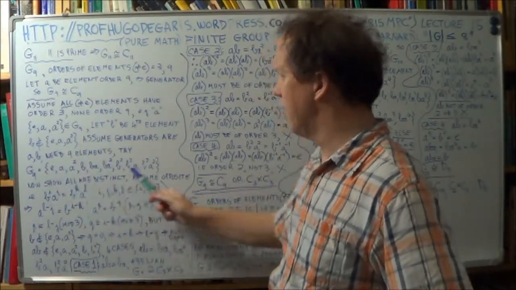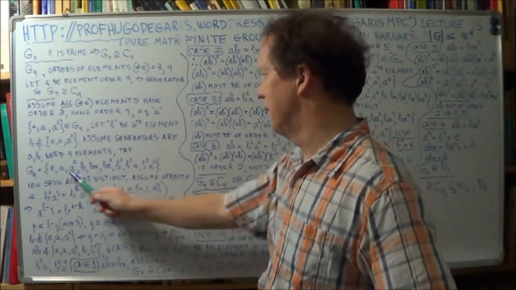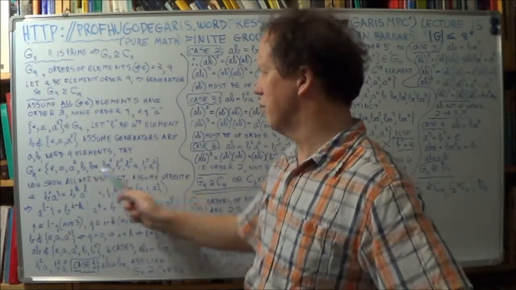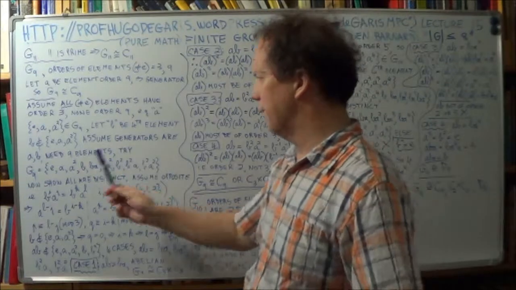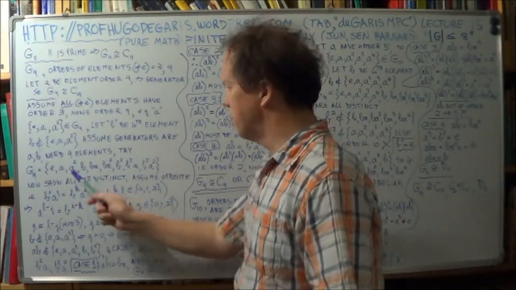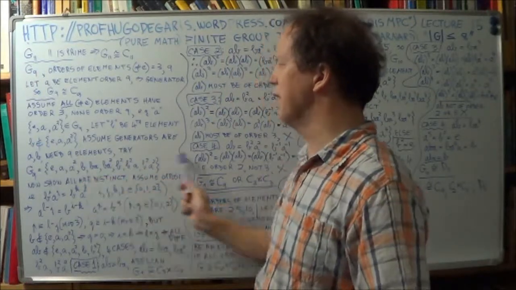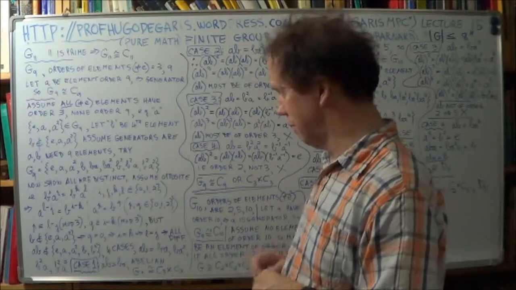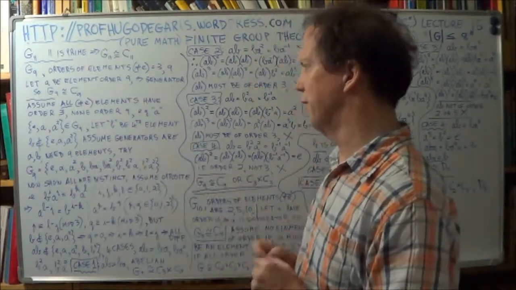So here are 9. We've got the A's, the B's, and the B squareds in a sense. So we've got 9 elements. Now that's a hypothesis. We suspect that's true, but we need to show they're all distinct. So we now need to prove that each of these 9 are different.